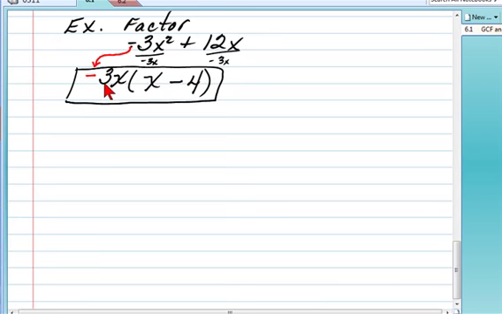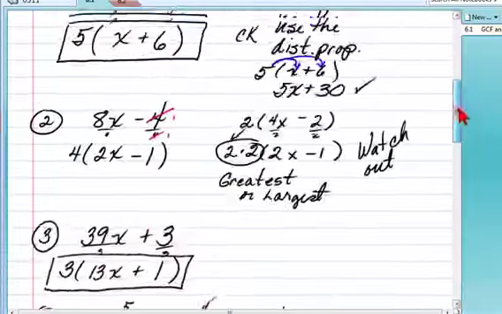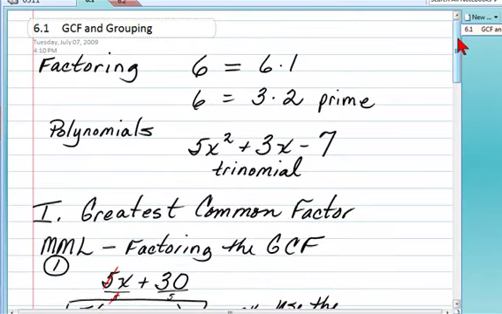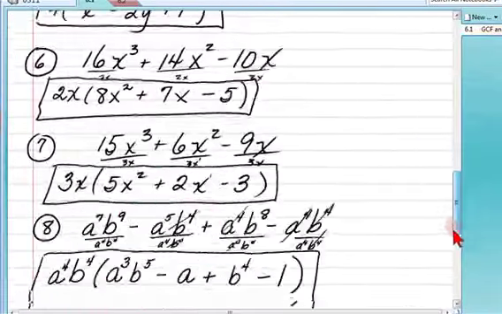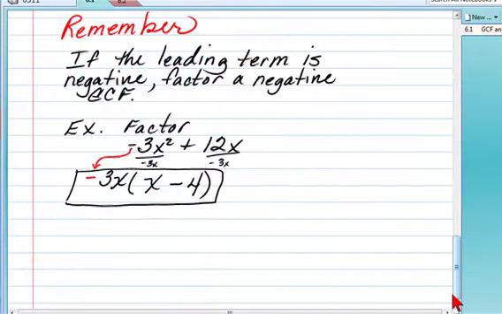All right, now, there's a second topic in all of this. If I scrolled all the way back up, in the title, it said GCF and grouping. The next couple, about 3 questions, are going to be getting ready for grouping.